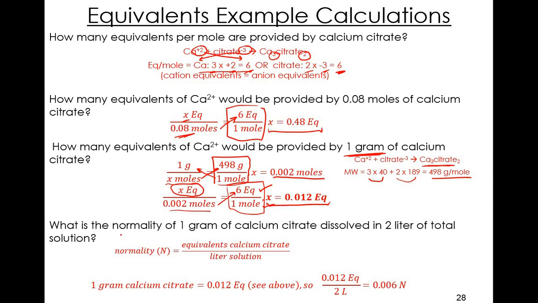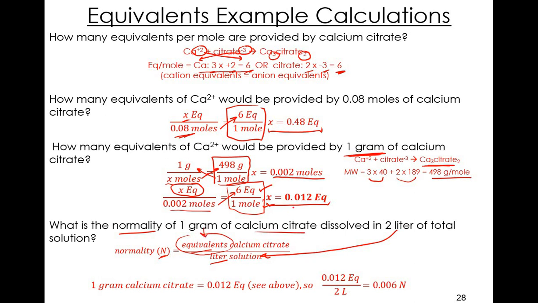Finally, what's the normality? Normality is capital N, and it's equivalents per liter. It's similar to molarity. So what's the normality of 1 gram of calcium citrate dissolved in 2 liters of total solution? So we know that we're going to put 2 liters down here, and then the question is, how many equivalents is 1 gram of calcium citrate?